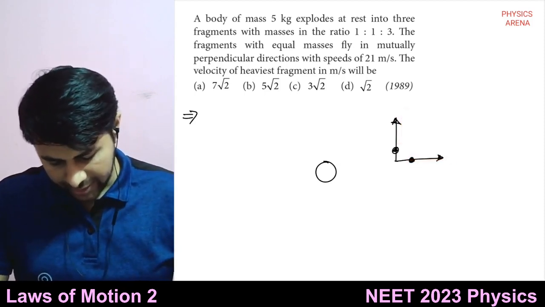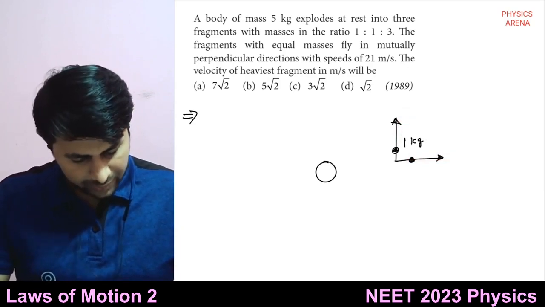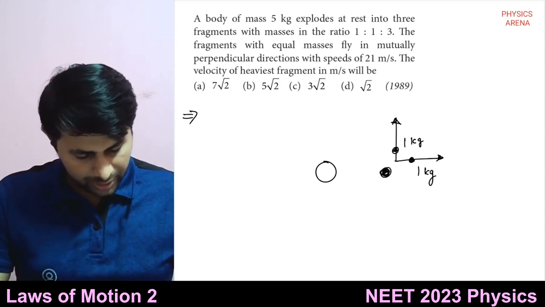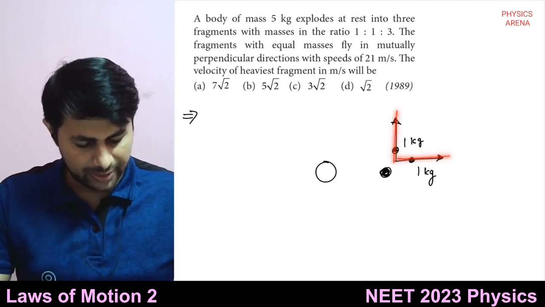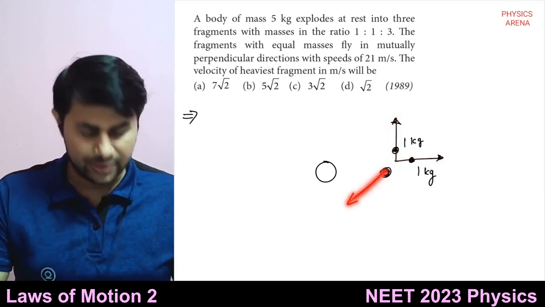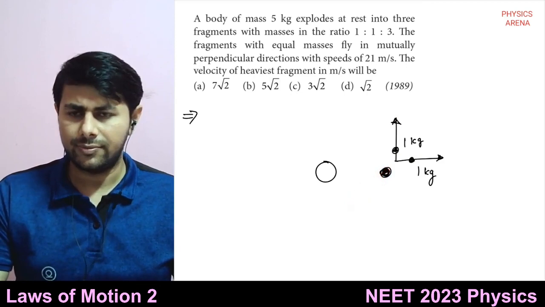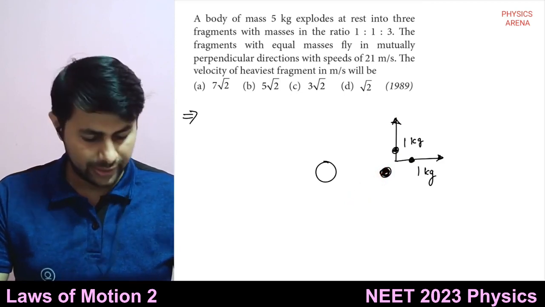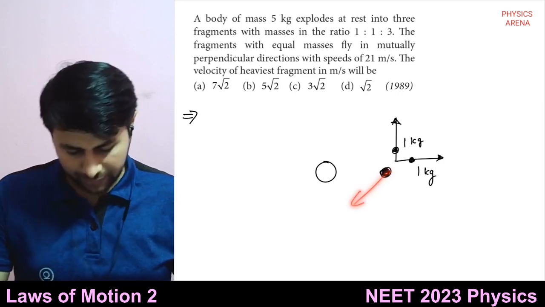This is 1 kg mass, this is also 1 kg mass, and this one is 3 kg mass. So if these two fly off like this, this one has to fly off in this direction, exactly at 45 degrees.